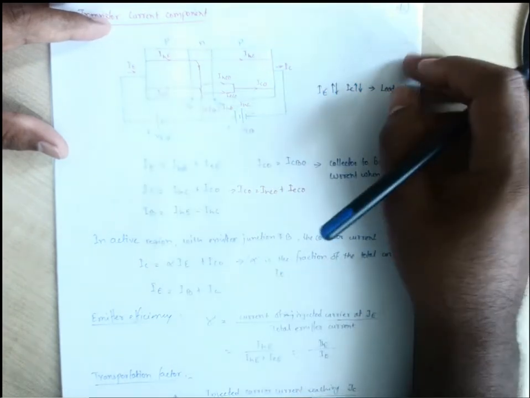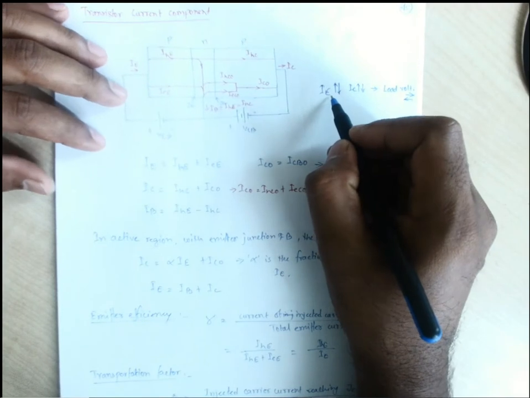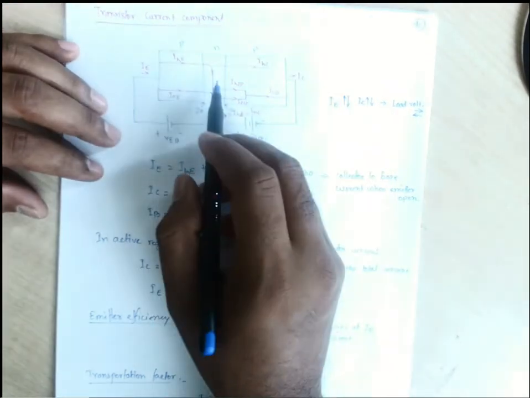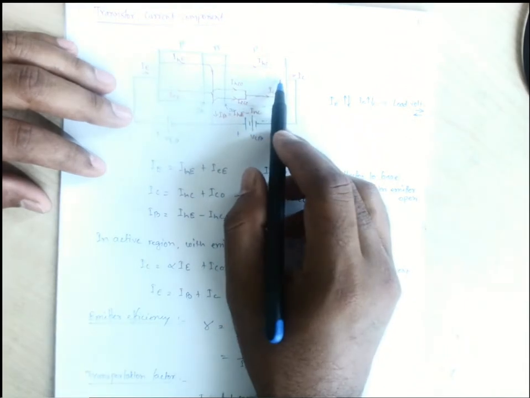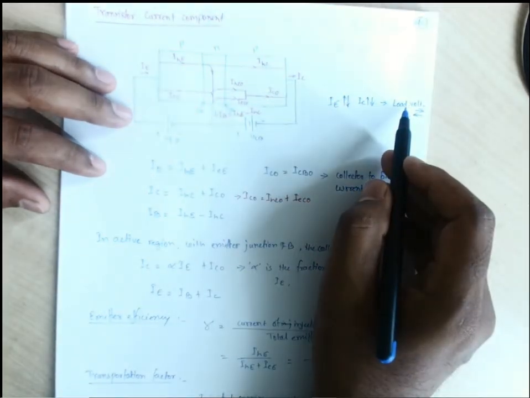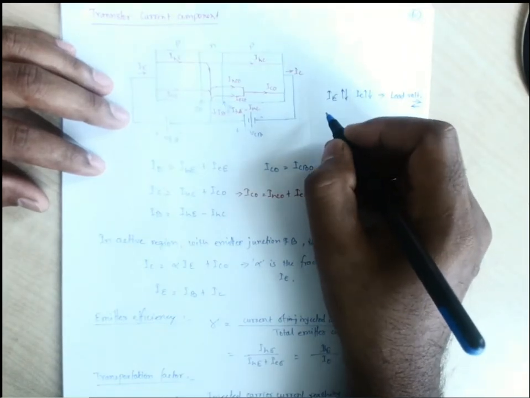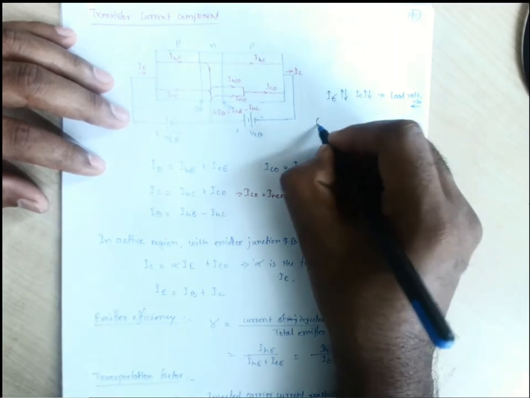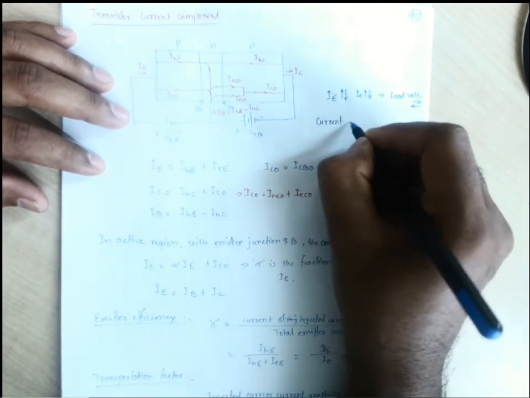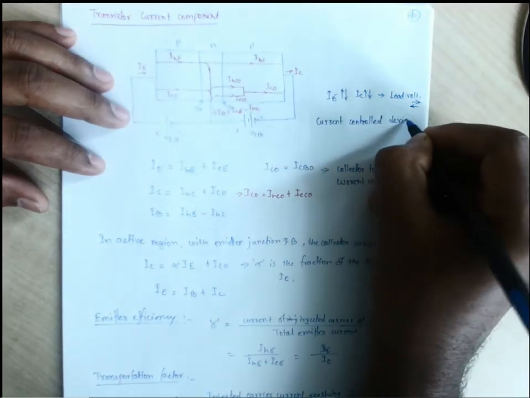So we can say this transistor action depends upon the input current, right? Whatever the input current, that changes the output current, and that leads to the change in the load voltage. A device where the output characteristics depend upon the input current is known as a current controlled device.